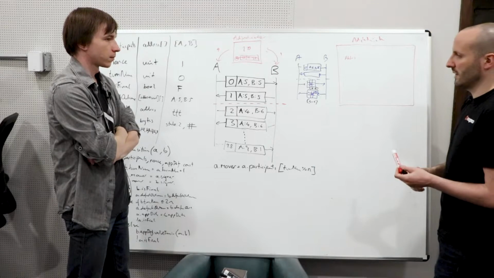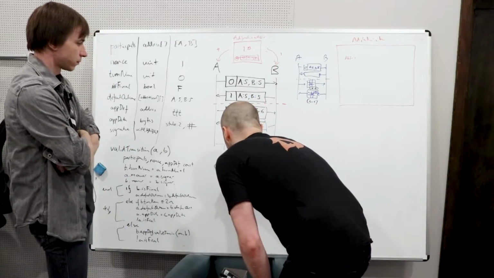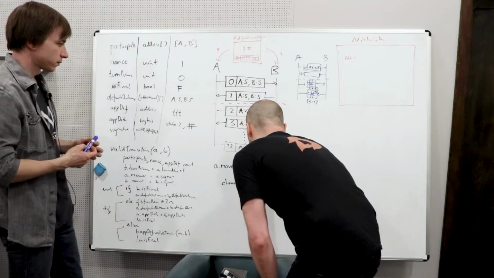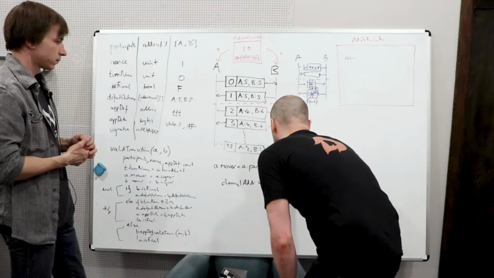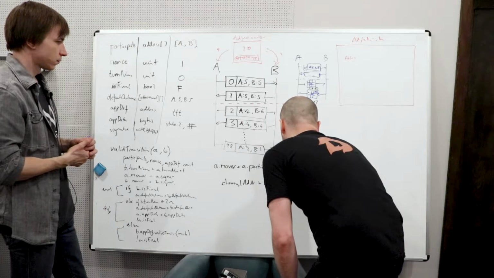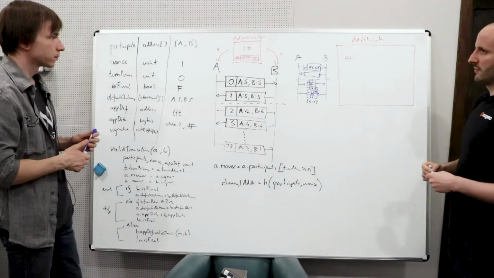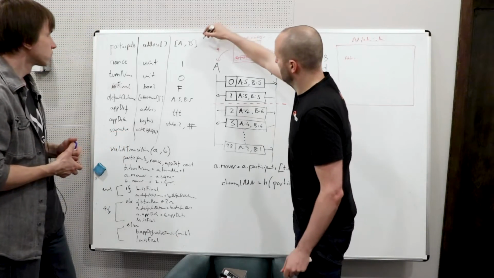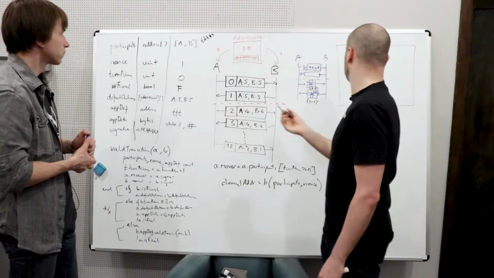So we calculate a channel address. The channel address is equal to the hash of the participants and the nonce. So we have the address, and say the address of this is like tic-tac-toe number 1 or something.